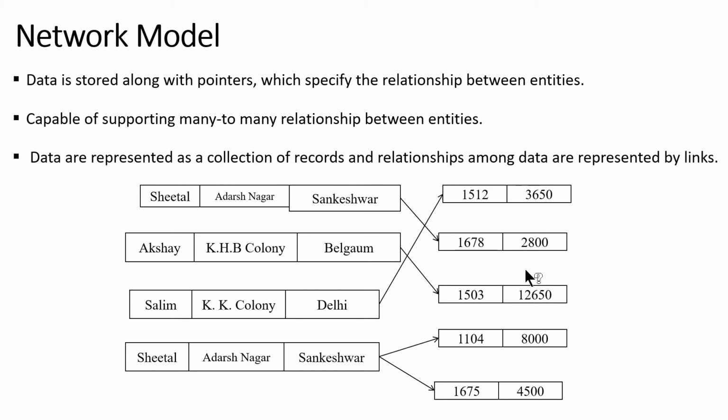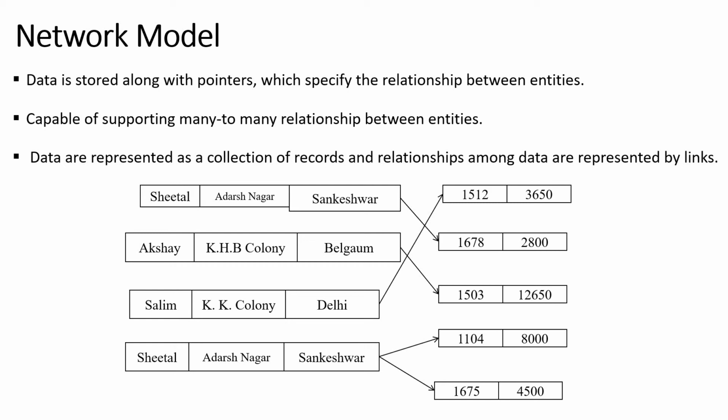On the other side we can see the customer account number in the respective bank and the balance amount in the respective account number, and how this data is connected or related is done via the links. We can see the one-to-one relationship and also one-to-many. Now let's see the advantages of the network model.